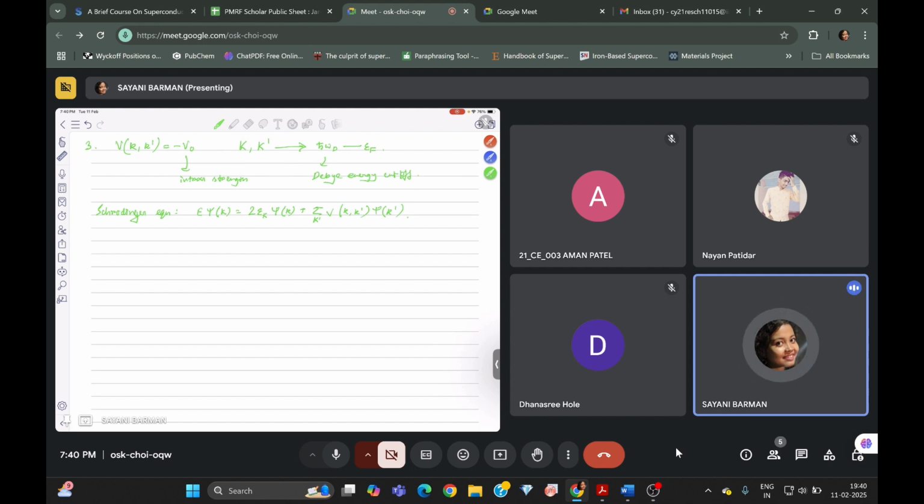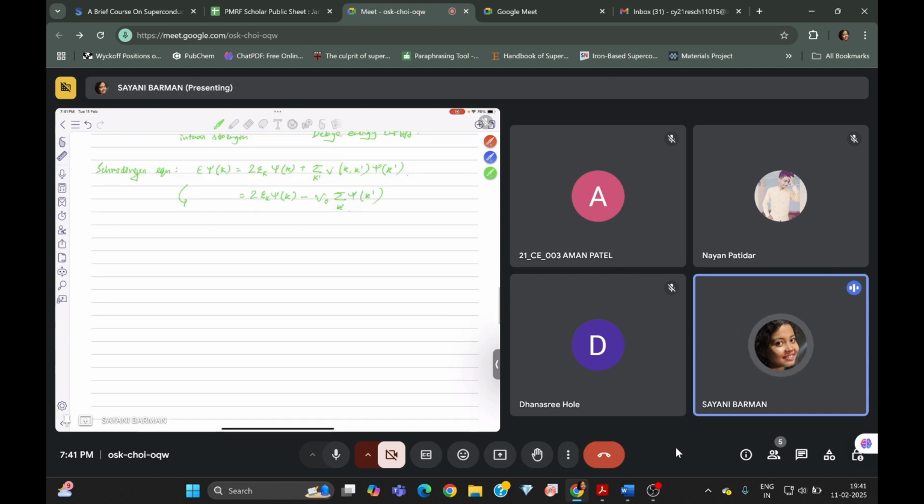So for our given potential, this whole thing is given. This tells that, just putting in the value whatever is given in the question. Now defining the gap.